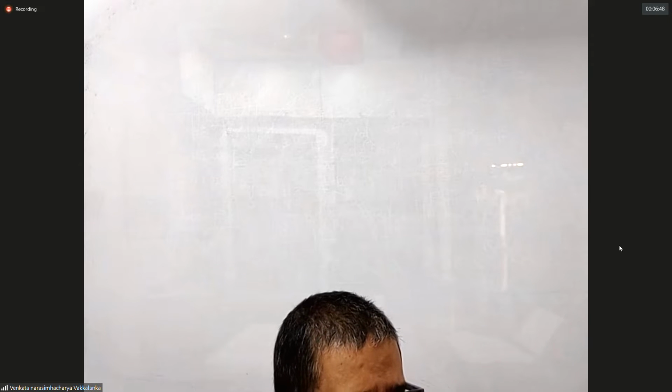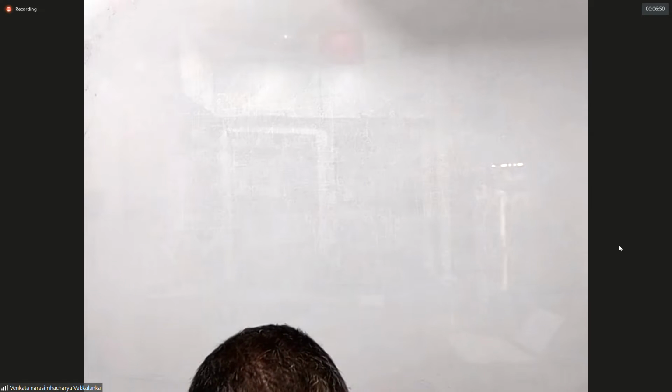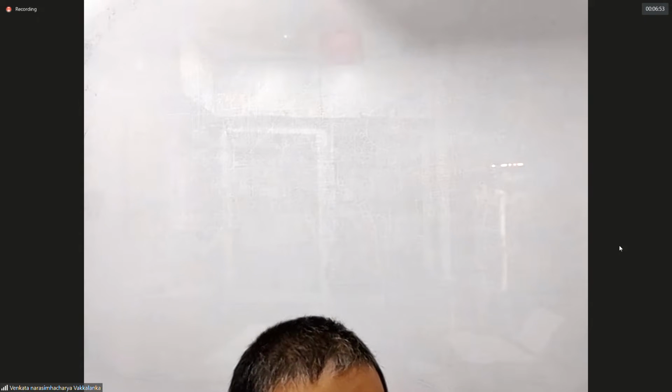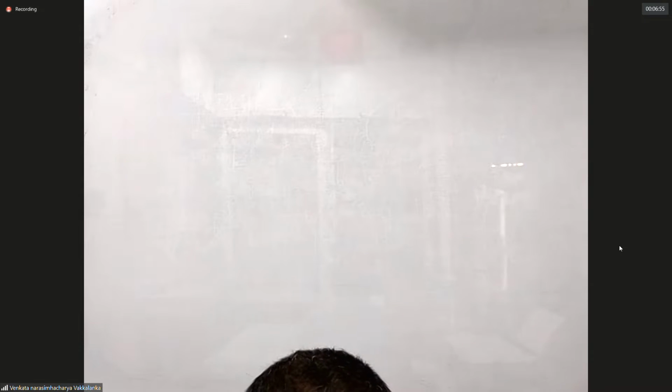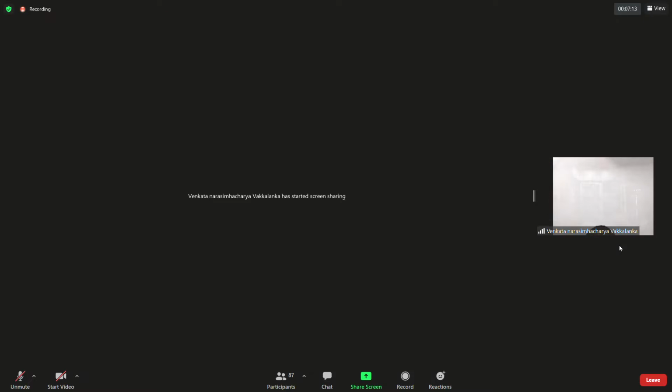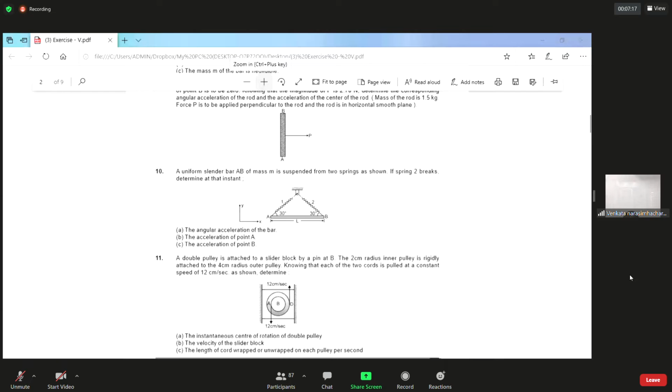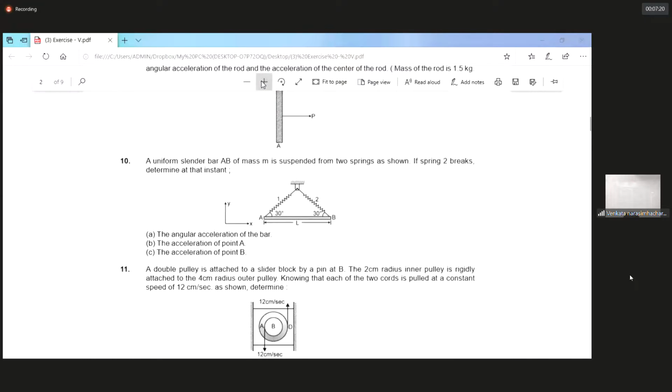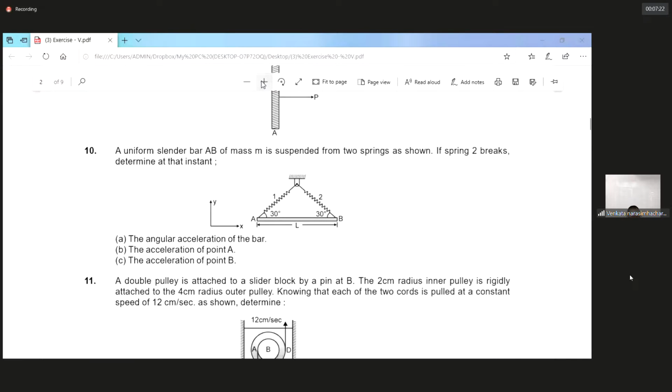Second, exercise 5 of the booklet. One second, I'm opening exercise 5. Can you see the 10th question?